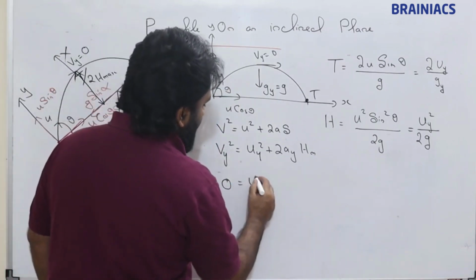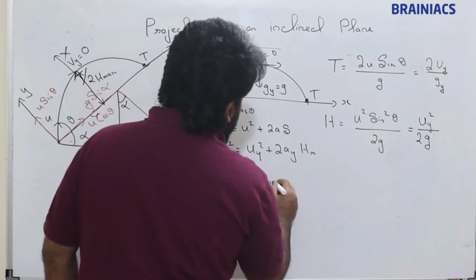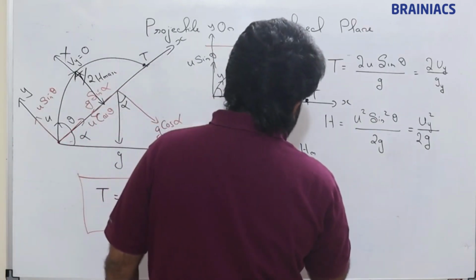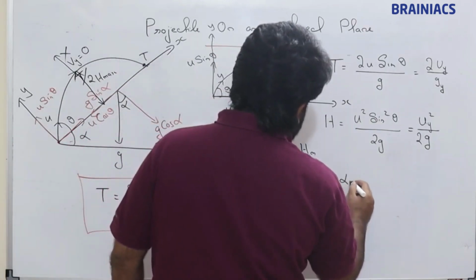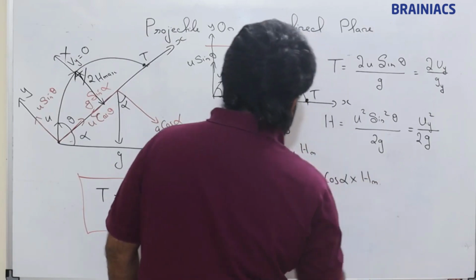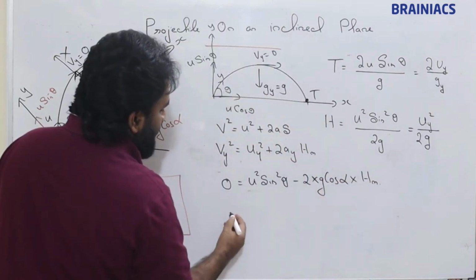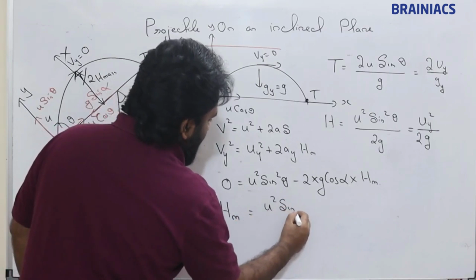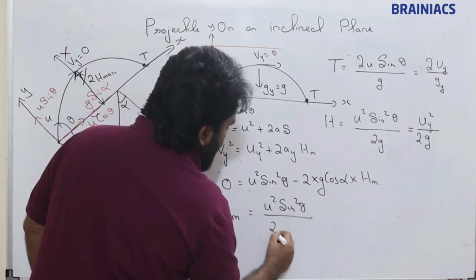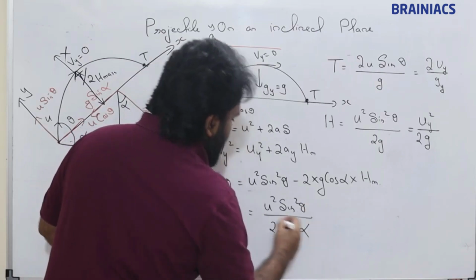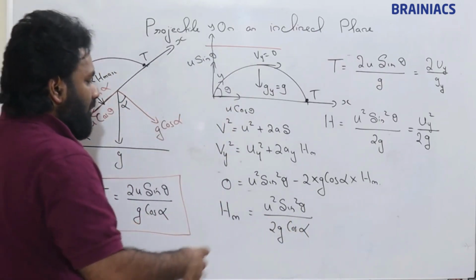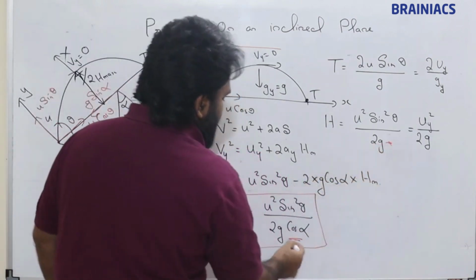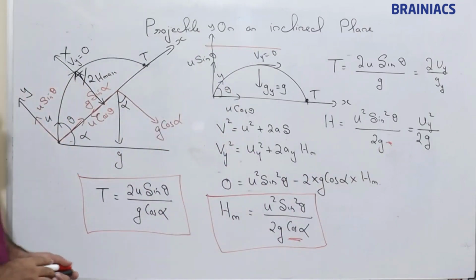This is equal to, uy is u square sine square theta, and ay is minus g cos alpha, so minus 2 into g cos alpha into the maximum height. So this will come to this side. The maximum height is actually u square sine square theta divided by 2g cos alpha. Okay, so this is the formula for maximum height. What is the difference with the general projectile? Only here this g will become g cos alpha, no other difference. Okay, note it down.